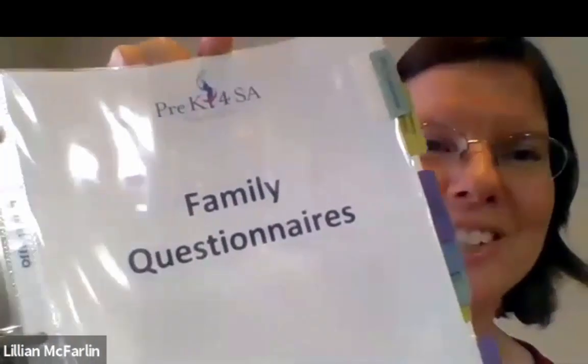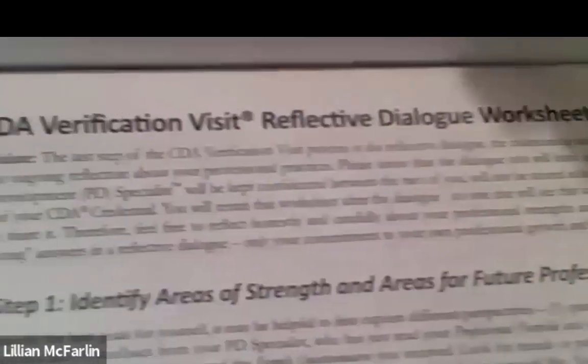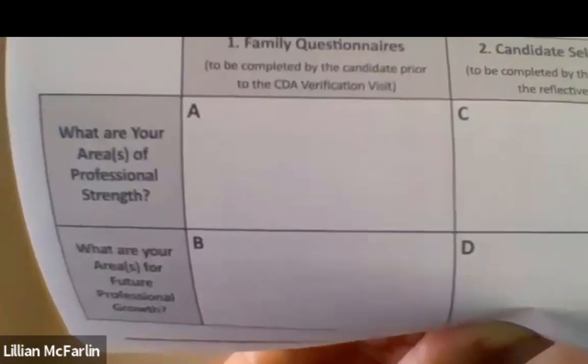It has the cover sheet for family questionnaires, followed by your family questionnaire summary sheet, followed by the CDA verification visit reflective dialogue with A and B filled out, because you're getting that information directly off the summary sheet before it.